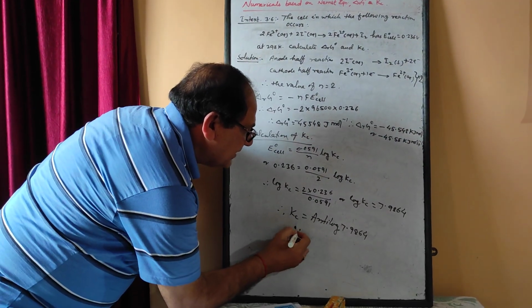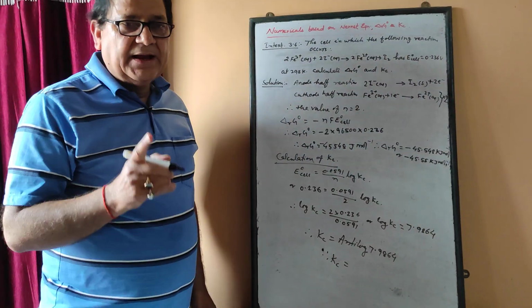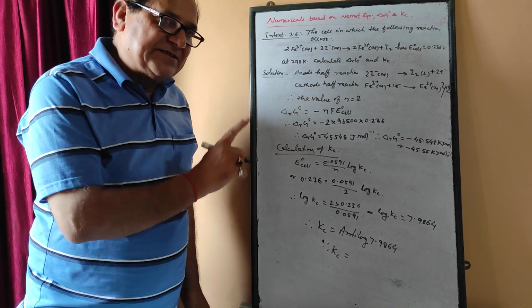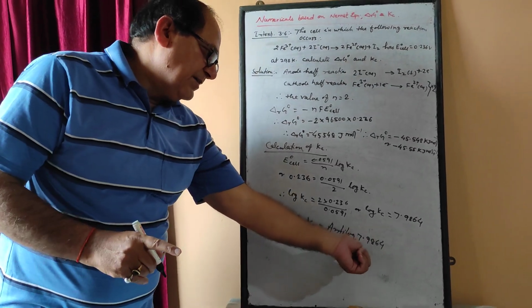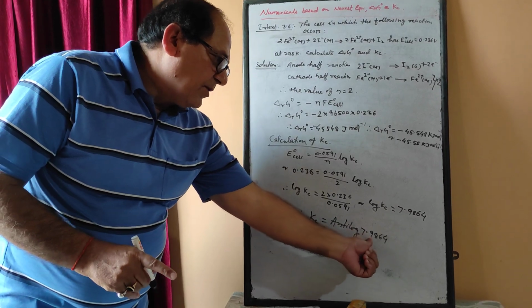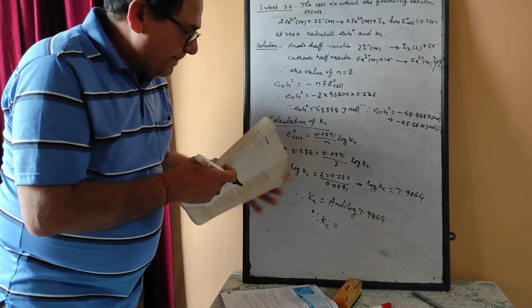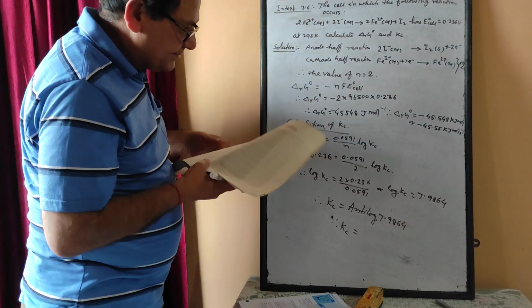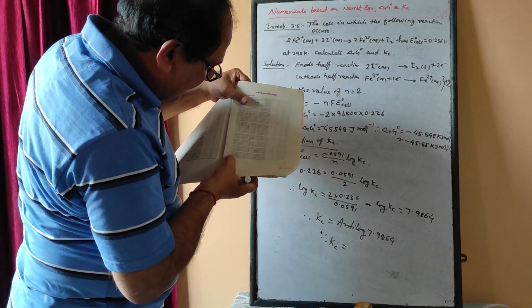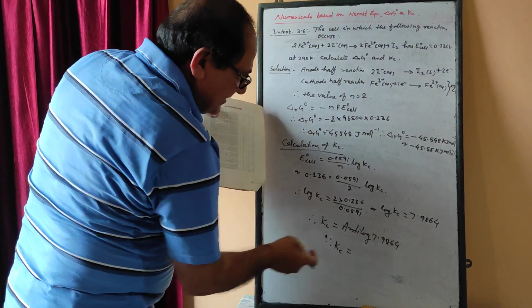The antilog is always seen after the decimal. Don't bother about the digit before the decimal first. So, first 2 digits 0.98. Look at the antilog of 0.98, and the third digit is 6.